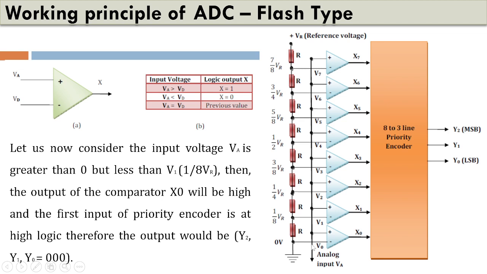Since VA is connected to the non-inverting terminal of the first comparator, and the other is 0, if VA is greater than 0 but less than 1 by 8 VR, then this output will be high and the others will be low. So if the X0 input is high, the priority encoder's output will be all 0.